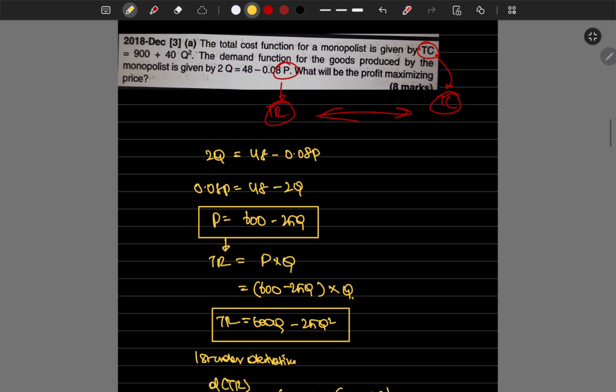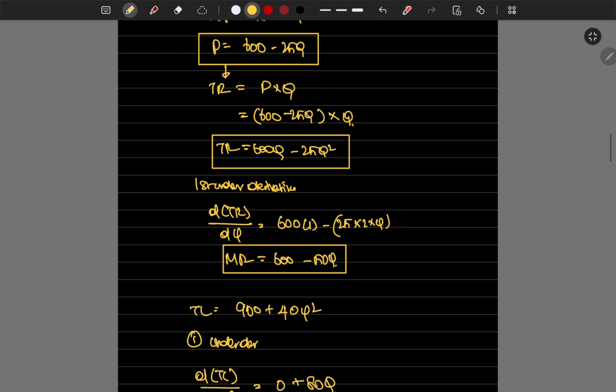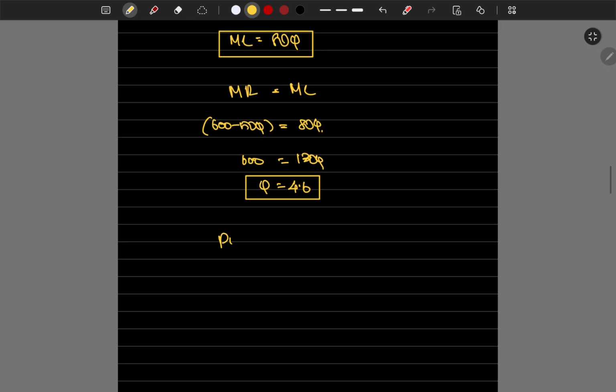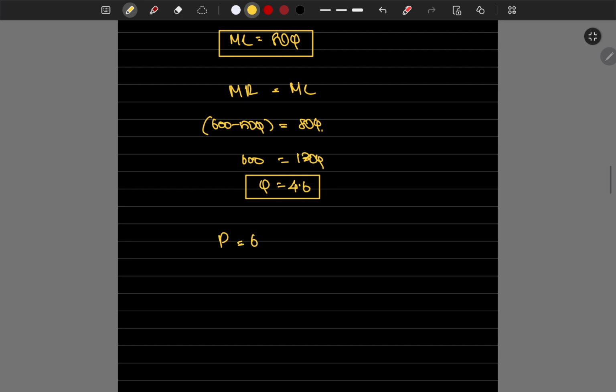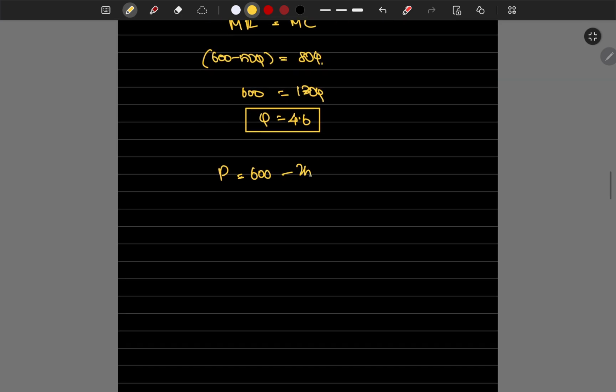Now profit. Before finding the profit, we have to find out the price. So P is equal to 600 minus 25q. 25 into 4.6, which is 115, 600 minus 115, which is 485, is the price.